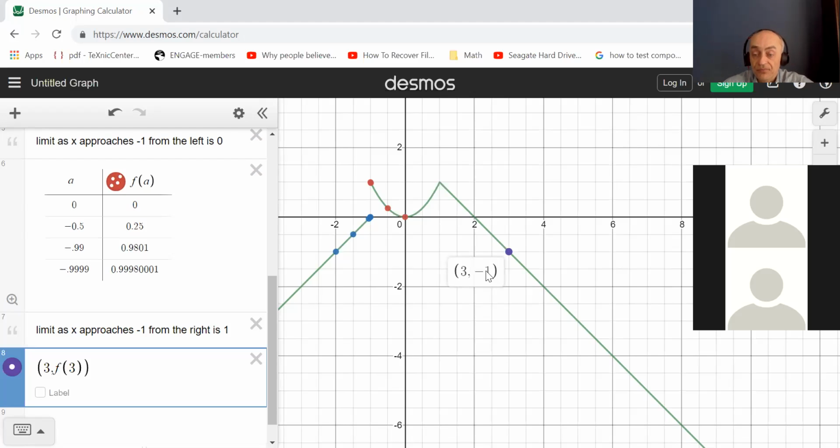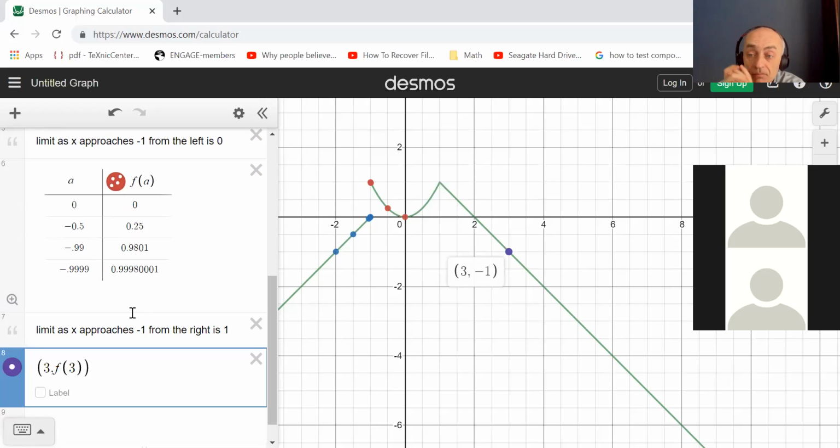So, folks, this is what I want you to get from this lesson: the idea that limits can be calculated from both sides, and those are called side limits. For my limit to exist, the limits from both sides have to match at that point.